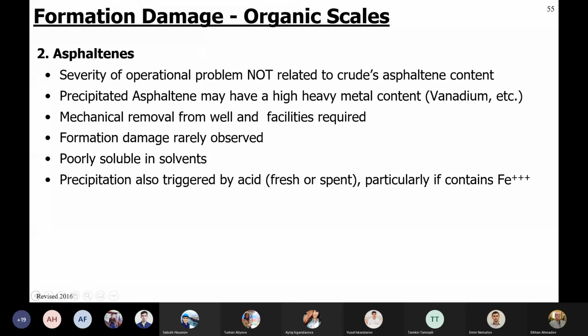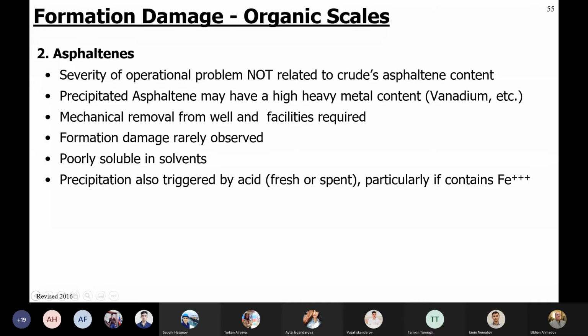They may have a high heavy metal content, which is again environmentally an issue, and also the solidness of these precipitations is very high, and in most cases mechanical removal from wells and facilities is required, like scraping.